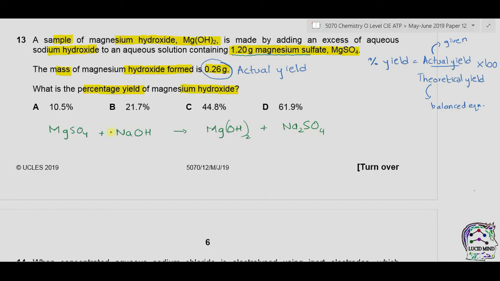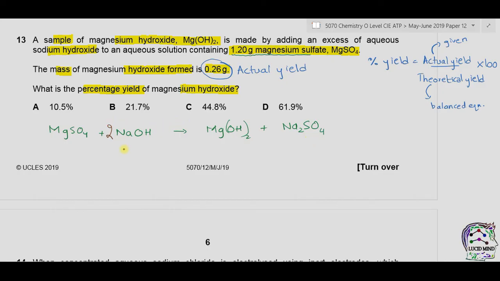We can balance this equation by writing 2 with NaOH. Now OH are balanced. We have 2 OH on this side and 2 OH on this side. 1 magnesium on this side, 1 on this side, 2 sodium on this side and 2 with this one. And sulfate is also balanced.